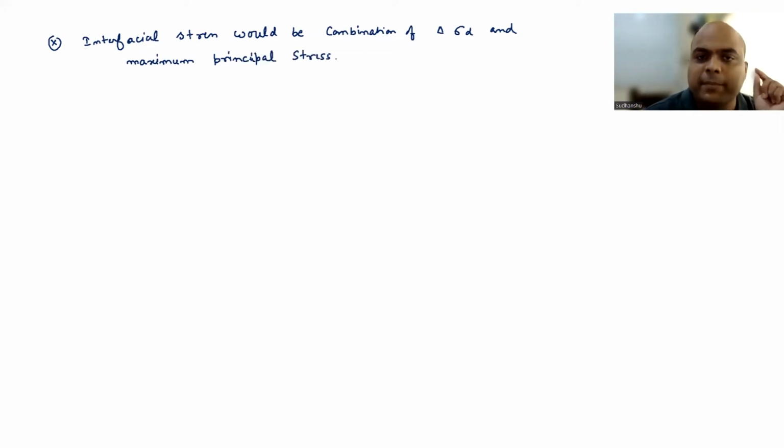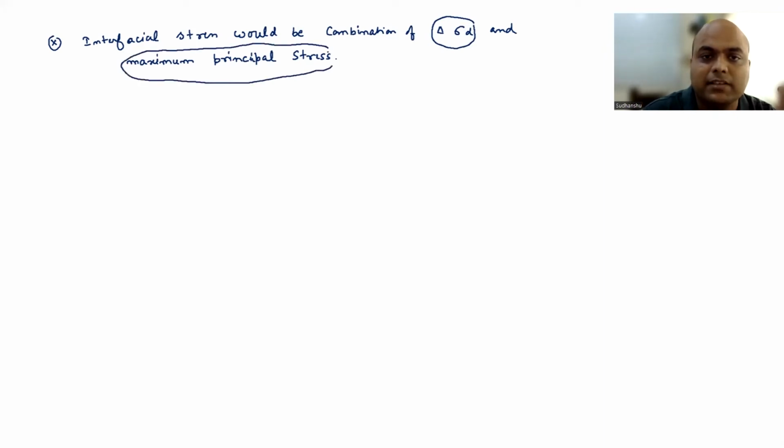You have an increment of stress because of the dislocation interaction with the particle. That contribution is given by delta sigma d. You are also applying the stress, right? That contribution will be given by the maximum principal stress. So now you have a combination of both stresses, and we need to add these two so that we can obtain the interfacial stress.